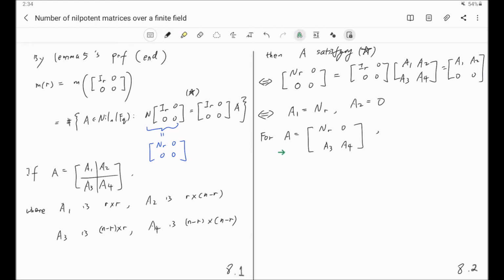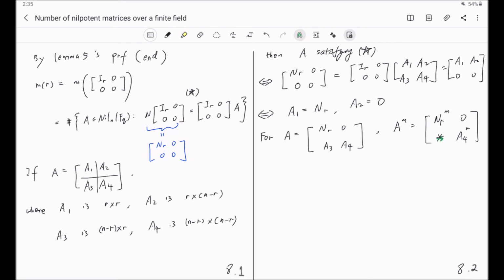So for A satisfying the star equation, which is the same as saying A has this form in terms of a block matrix, A raised to the power m will be equal to N_r raised to the power m, 0, A4 raised to the power m, and for this lower left block, we just put an asterisk in here.